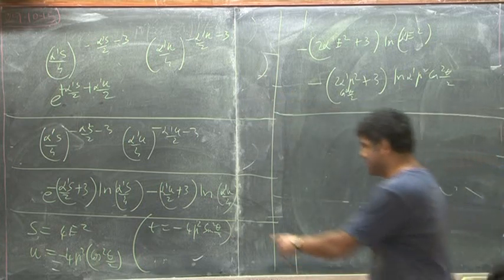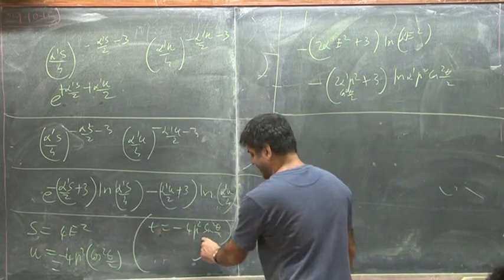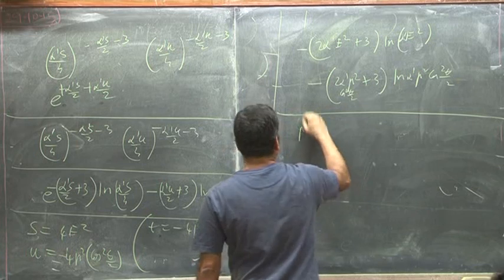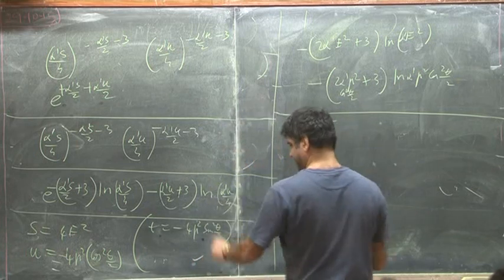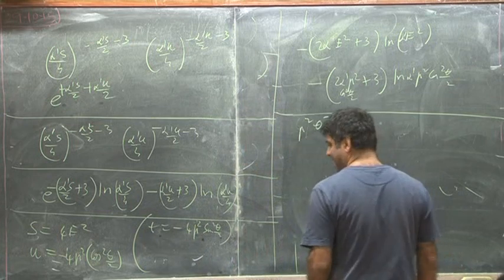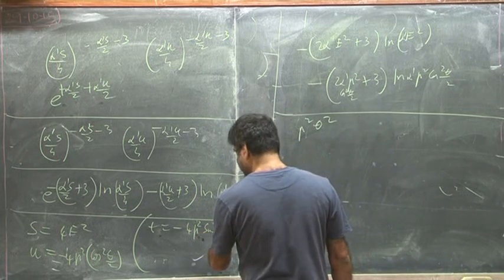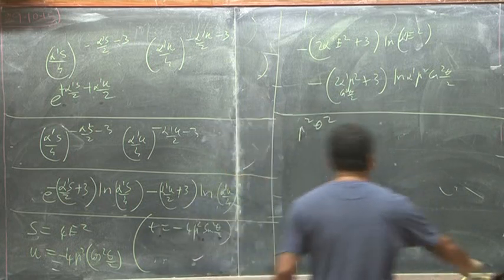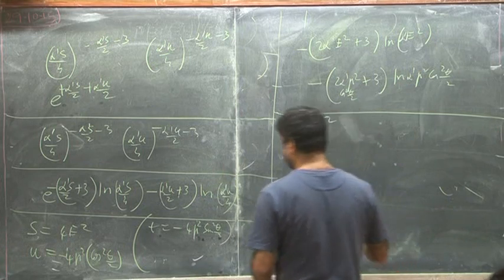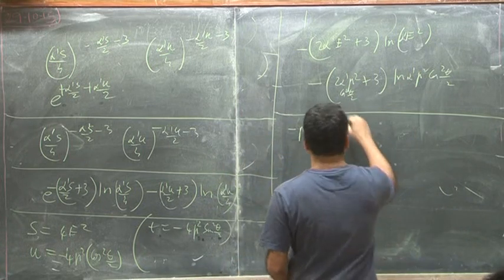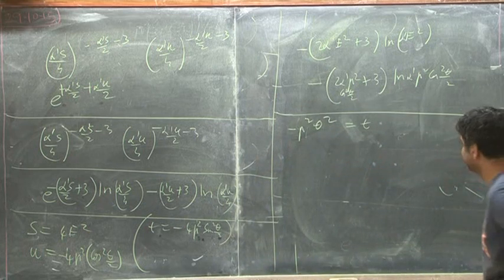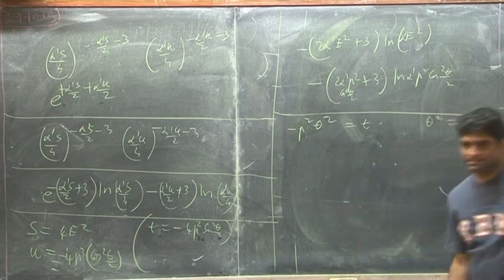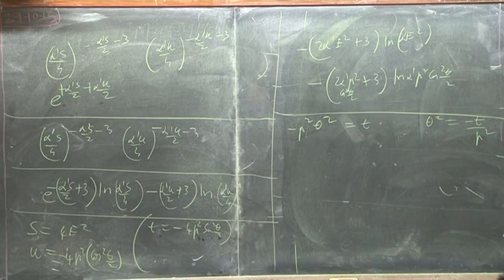Yeah, exactly. So now, since we're taking t held fixed, what we have is for p theta is p squared theta squared. Okay, p is going to infinity, theta is going to 0. So p squared theta squared is held fixed. So in fact, what we have is that in this limit, p squared theta squared minus p squared theta squared is equal to t. Okay, so theta squared is equal to minus t divided by p squared, e squared also. Yeah.